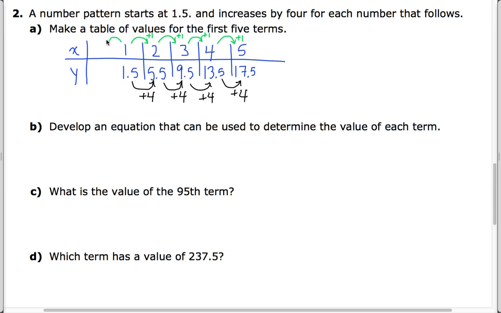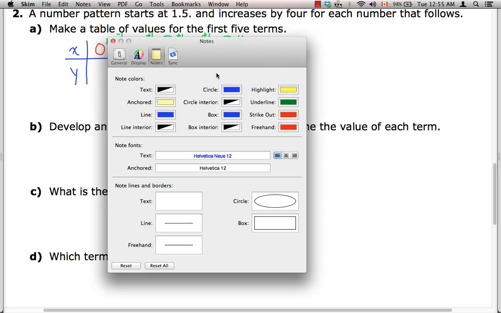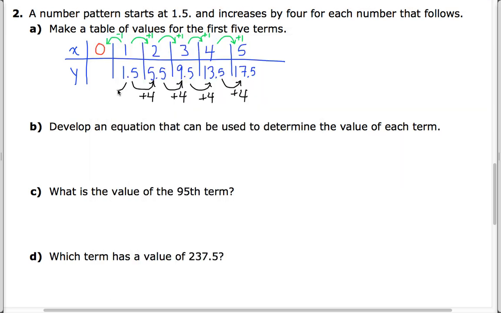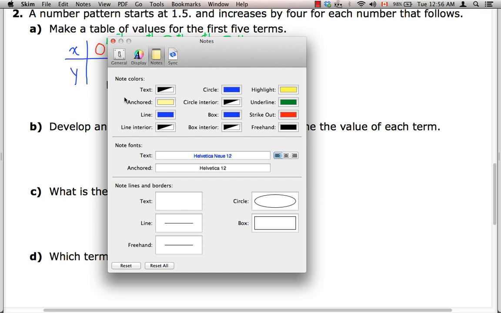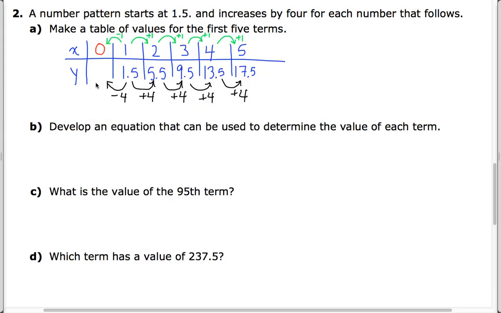So now if we work backwards to, hypothetically speaking, what if we were at the term number 0? Then what? So working backwards, we would have to subtract 4 from 1.5, which would take us to negative 2.5.